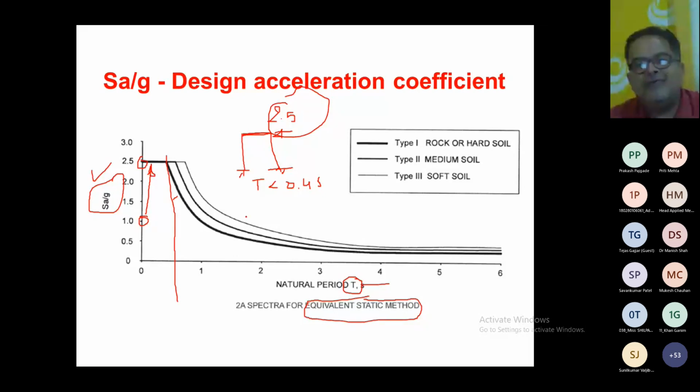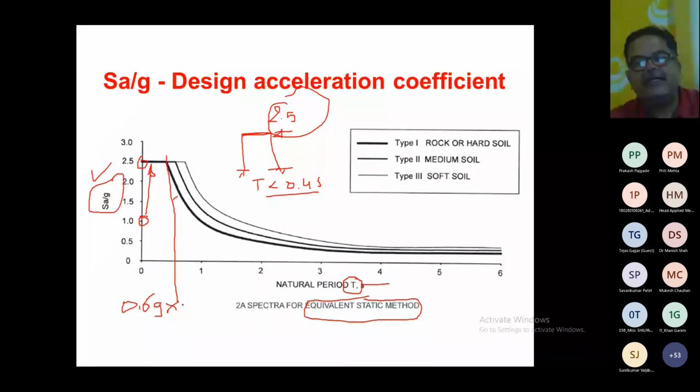So just imagine if the natural period of the building is less than 0.4 second, and here I'm taking the example of the Bhuj earthquake. In the Bhuj earthquake, we had an acceleration of 0.6 g. 0.6 g was the peak ground acceleration, multiplied by 2.5, right?